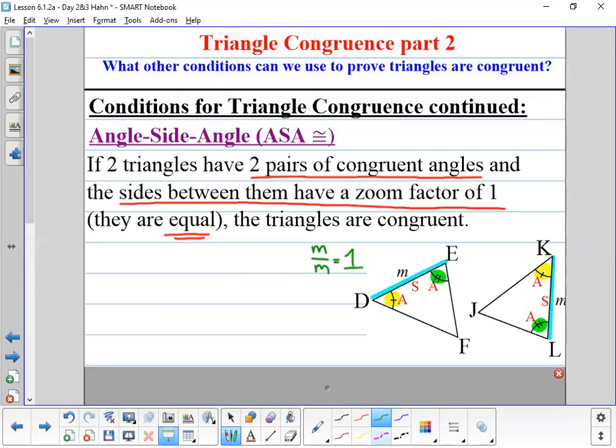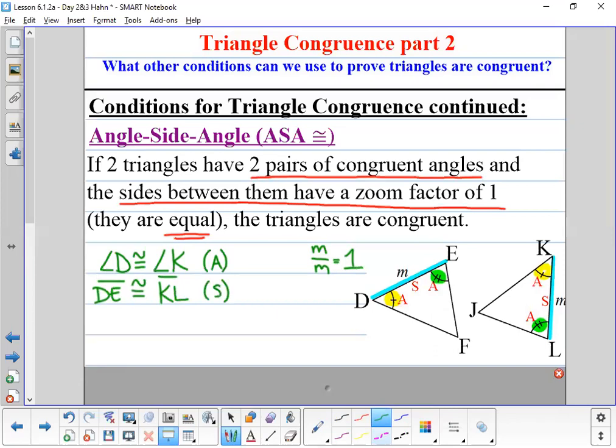So let's take a look at what statements we have, what facts we know. We know that angle D is congruent to angle K. So that's one of my angles. Then I have side length DE is congruent to side length KL. Those are both marked with the variable M. So that means they're the same.